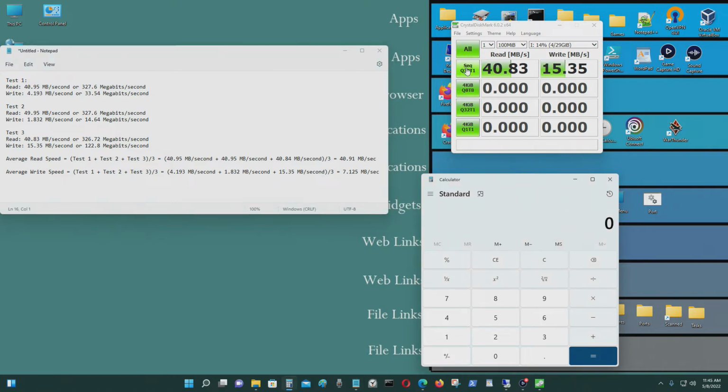Okay, so I'll be testing it out one more time to see what I get for write, if I get anything different, because the write is very inconsistent. Sometimes it's at 4, sometimes it's at 1.8 megabytes per second, sometimes it's at 15.35 megabytes per second. That's quite a differential, a spread basically.